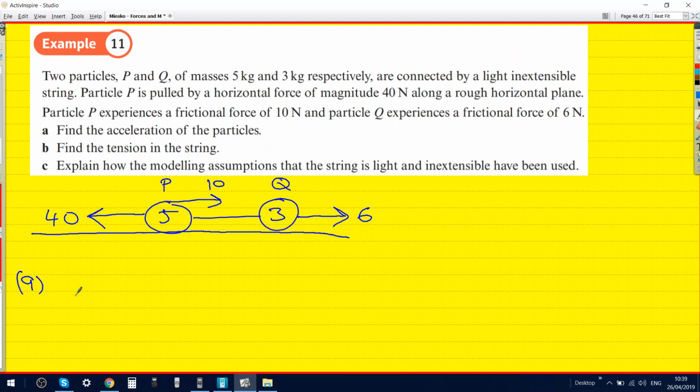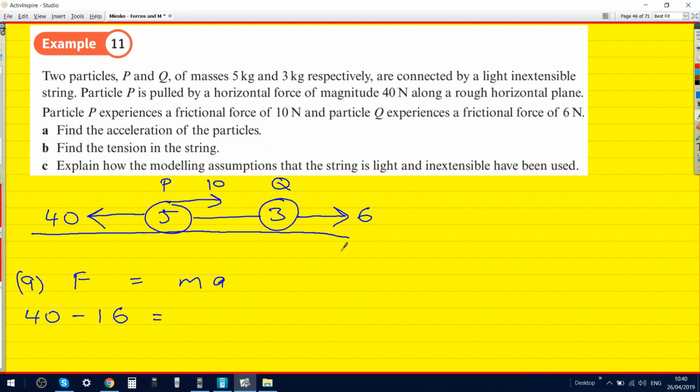So we use A equals F over M. Force, do we just use 40 and then take away 16? So it's going to be, yeah, so F equals ma. So the force is 40 minus 16 will be equal to 24.